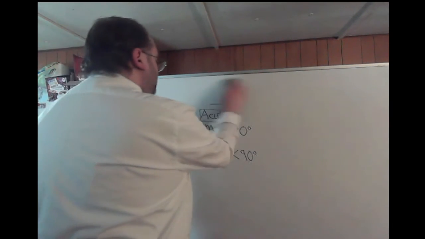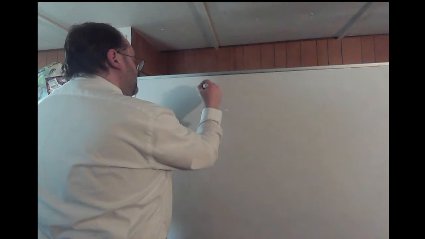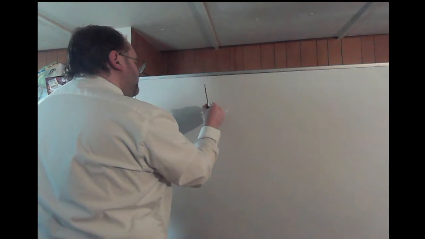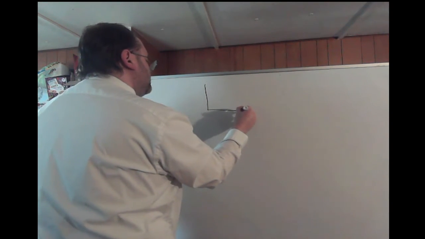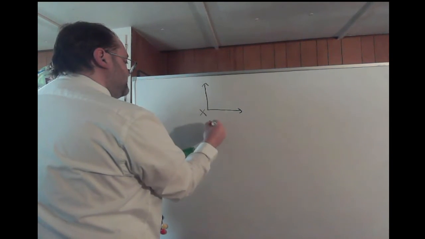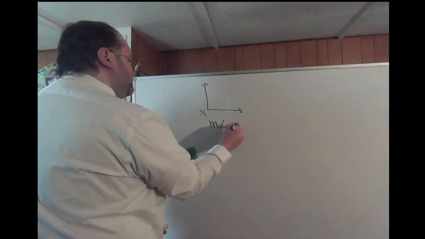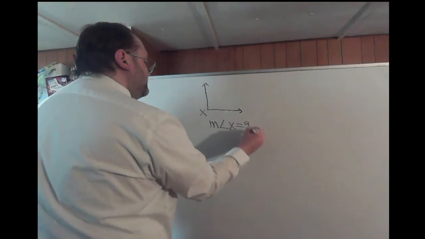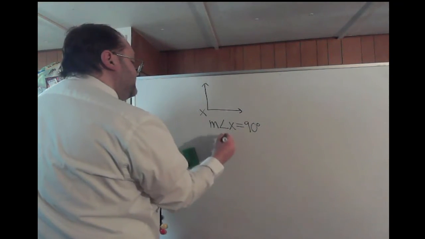So there is that. Remember, if you have a perfect 90-degree angle, we'll call this angle x again. If the measure of that angle is exactly equal to 90, it is a right angle.